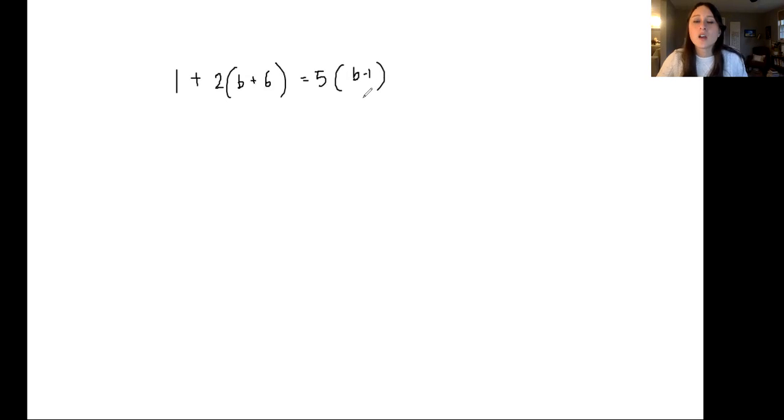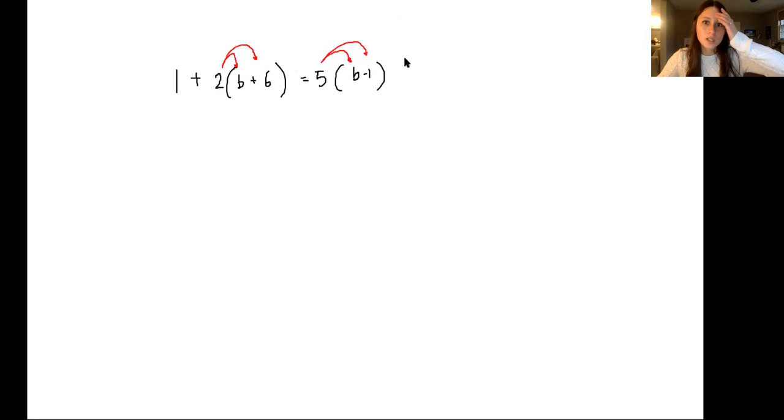So 1 plus 2 times b plus 6 equals 5 times b minus 1. So to not get overwhelmed, the first thing we just want to focus on is what can we do to simplify this? Well, got a parentheses. So let's get rid of this parentheses by distributing. That's all we need to focus on for this step.